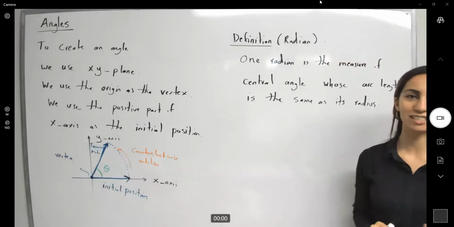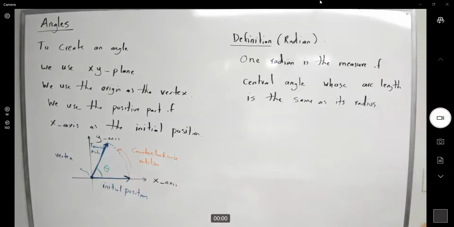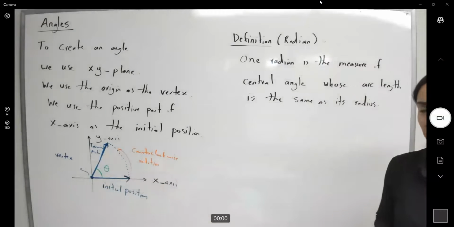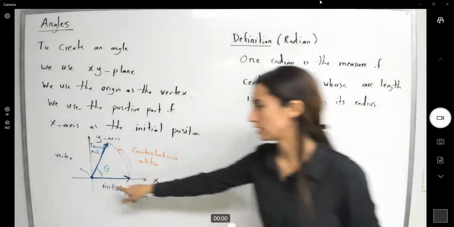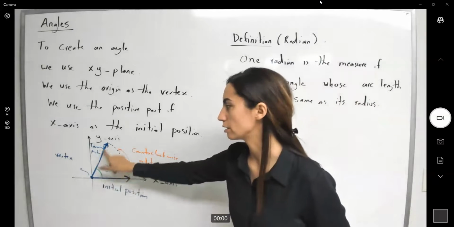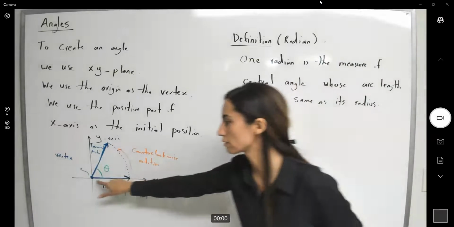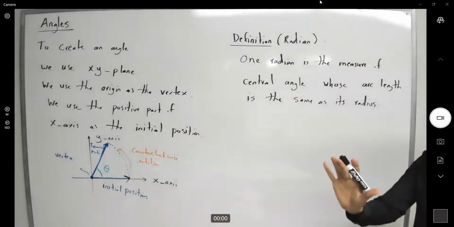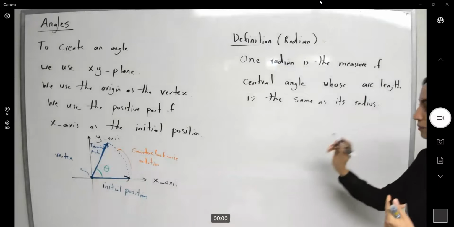Let us analyze this definition. Remember how we built an angle. I see an angle. I see the initial position, I see the terminal position, and I have this ray or arrow that moves counterclockwise. Let us take a look at this.